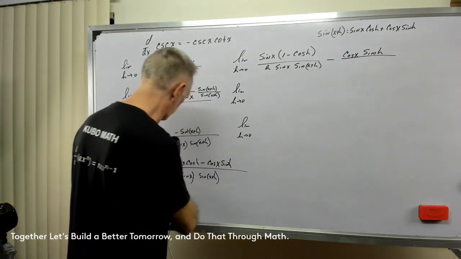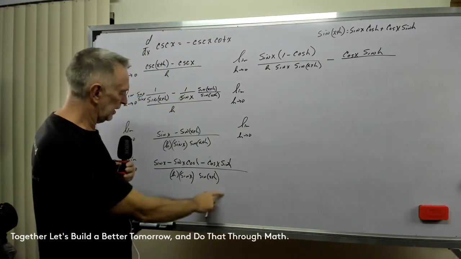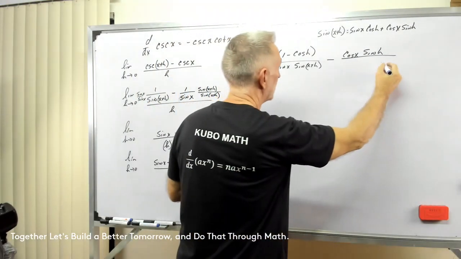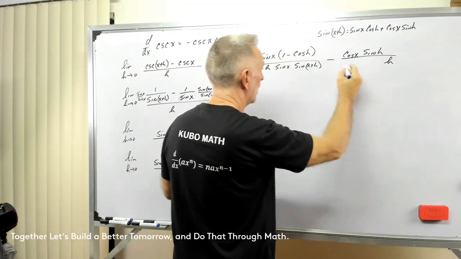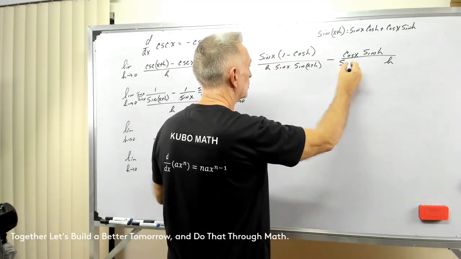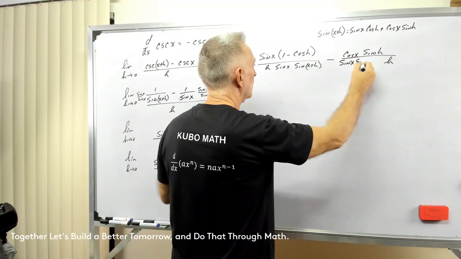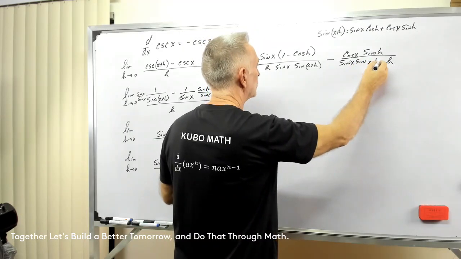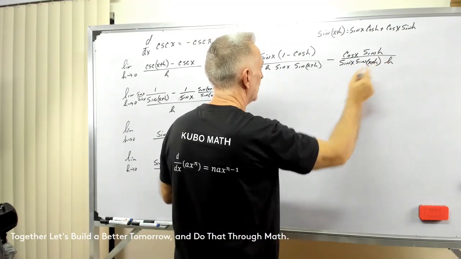And I'm going to flip around, if you don't mind, and put the h on the other end because I want to get it underneath that sine h. So I have sine x, sine x plus h, times the h.